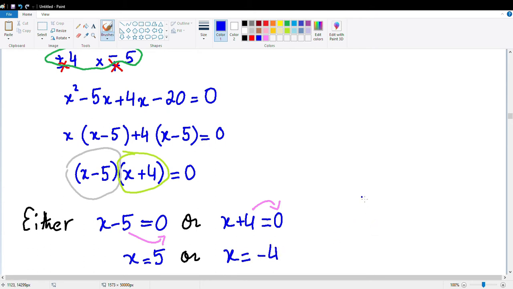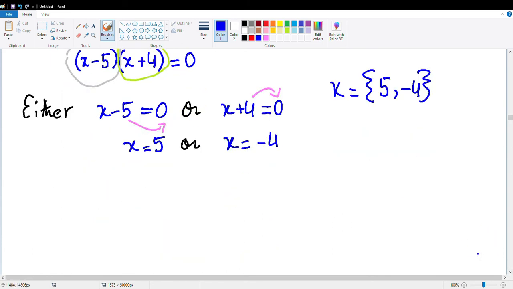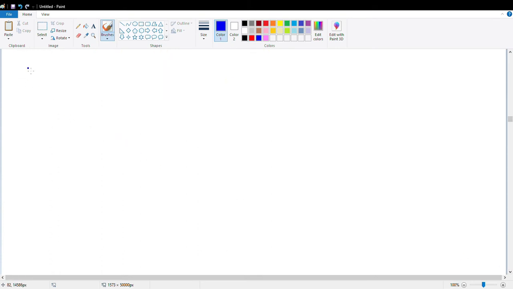So our solution set will be x equals 5 or minus 4. And that's the first part of the second question. Now let's move on to the second part.